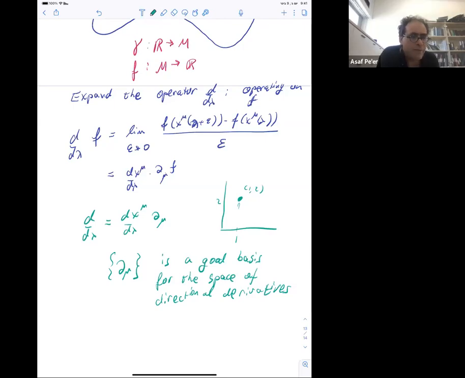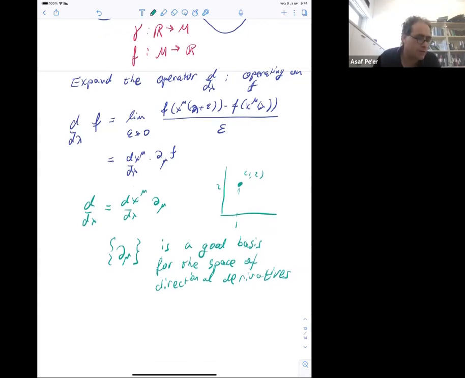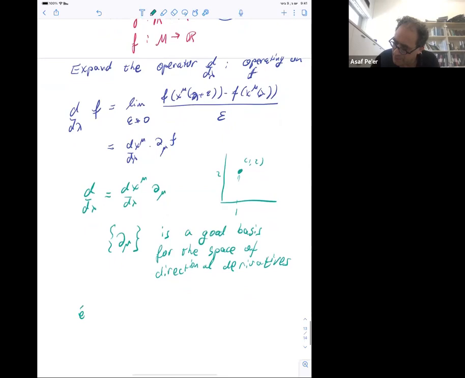The only difference between what we did in special relativity and what we're doing now is that in special relativity we had a flat space-time, and now we work with an arbitrary manifold, which is not necessarily flat. So in special relativity, we used the notation E mu as a basis vector, and now we're using d mu as a specific basis.